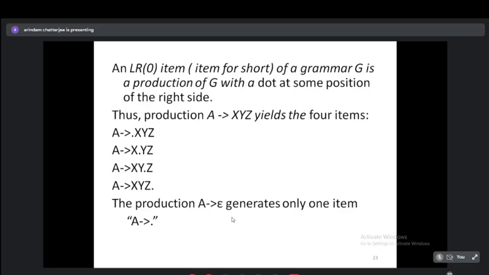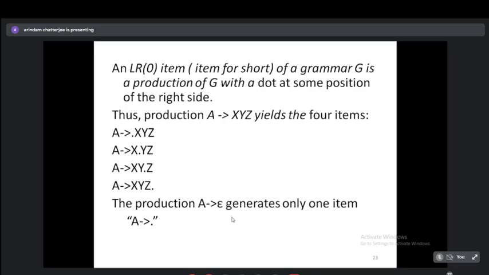So LR0 item is another important term. We have seen handle, we have seen handle pruning, we have seen viable prefix. The fourth important thing is known as item, or LR0 item. It is a production of G, where G is the grammar we have. So it is a production of G with a dot at some position on the right-hand side.